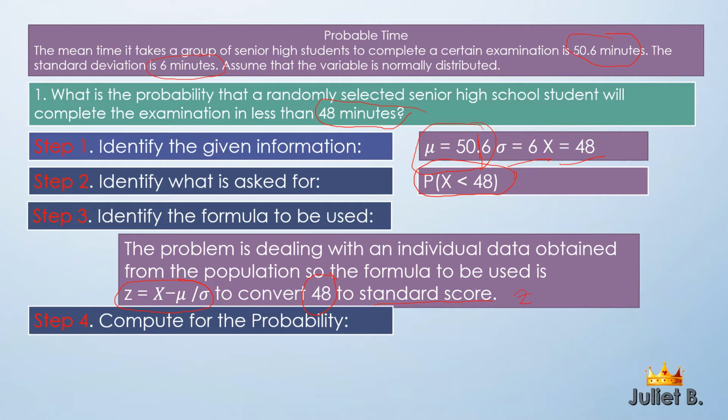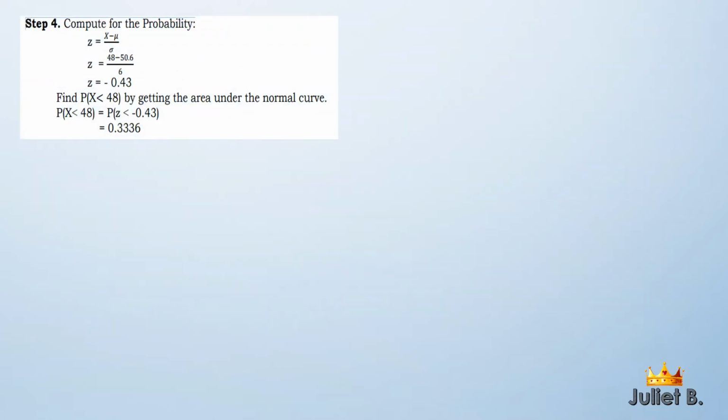And then lastly, step 4, compute for the probability. So, i-compute na natin yung probability by using the formula. So, yung formula ay z equals x minus mu or the population mean divided by standard deviation.